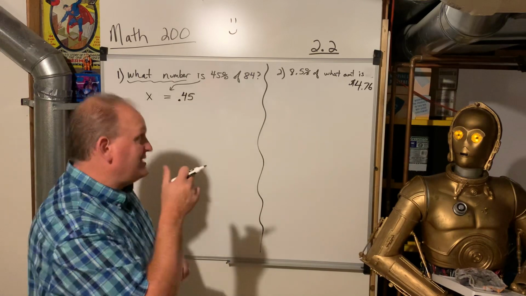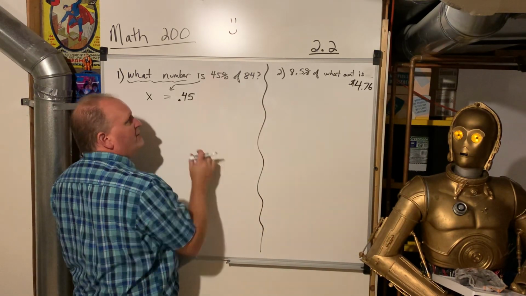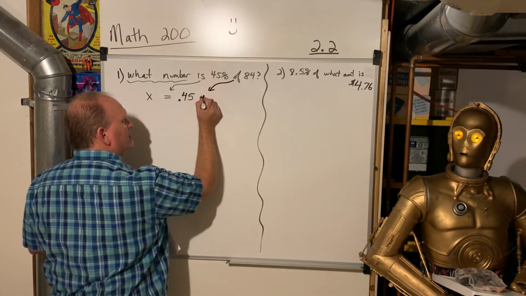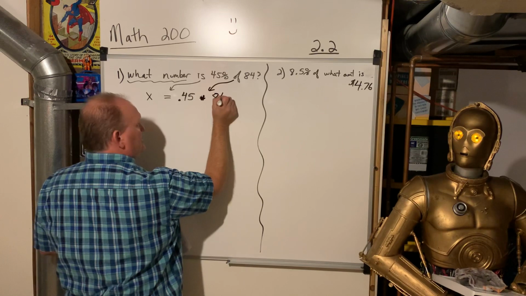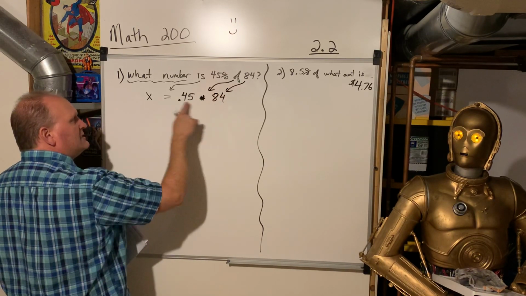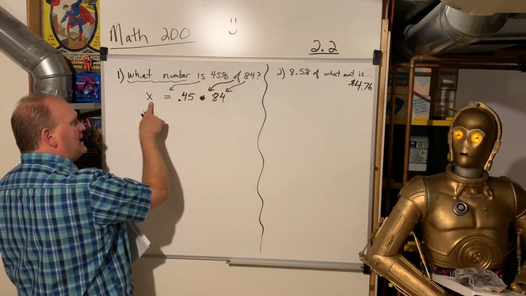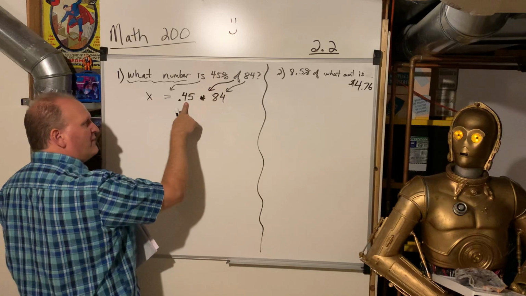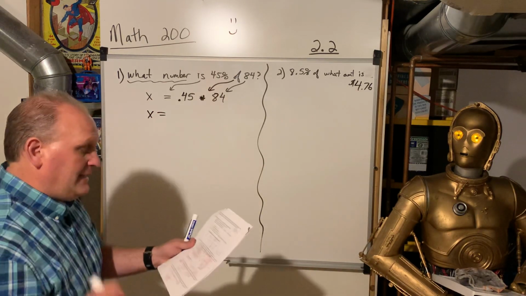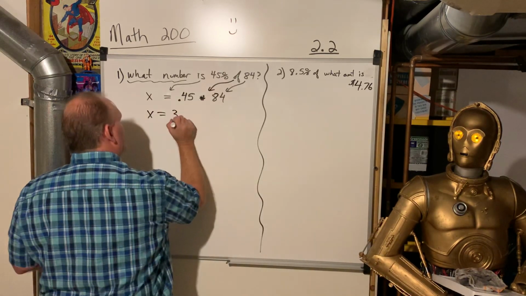So 45 hundredths or 0.45. Of is times, and 84 is still just 84. Super easy, easy peasy lemon squeezy. The variable's already isolated and it's already got a 1 on it. So you're just taking 0.45 times 84, and you click that into your calculator, and it kicks out 37.8.